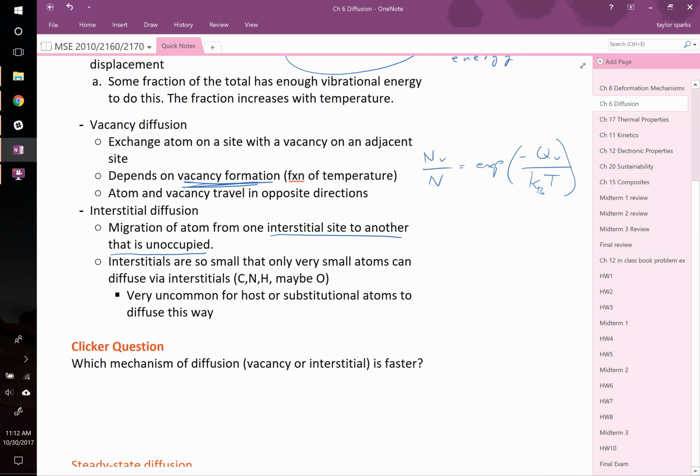Because interstitials are small, you're talking about holes between the packing of atoms, you probably are only going to get small atoms involved in interstitial diffusion. Things like carbon, nitrogen, hydrogen tend to move pretty well via interstitials. Okay? So a question that we'll pause really quickly and discuss among students is, which of these mechanisms do you think will be faster, vacancy diffusion or interstitial diffusion?